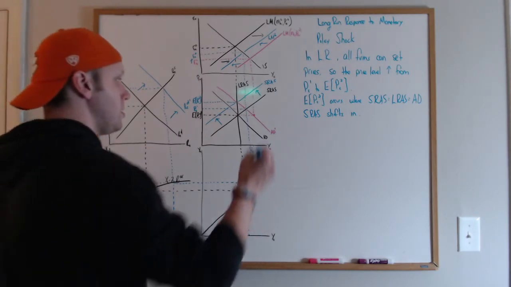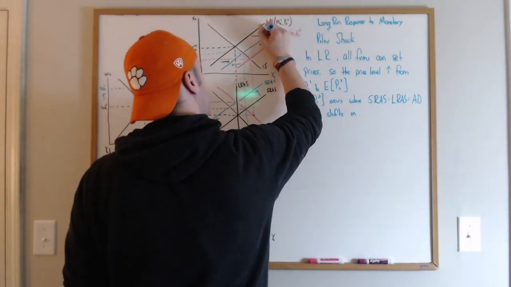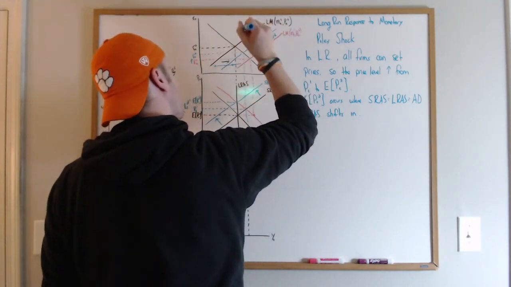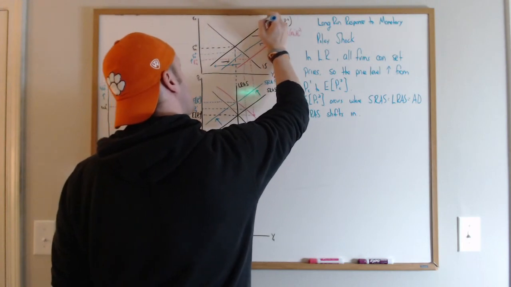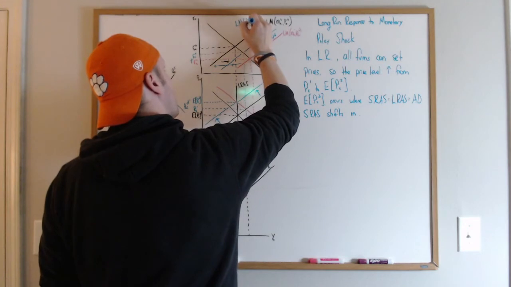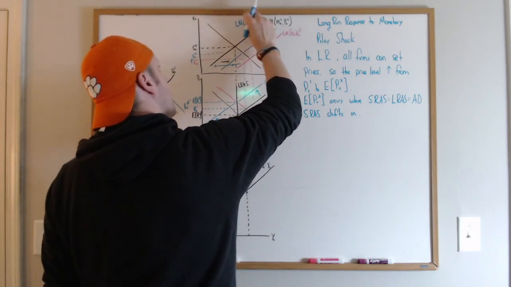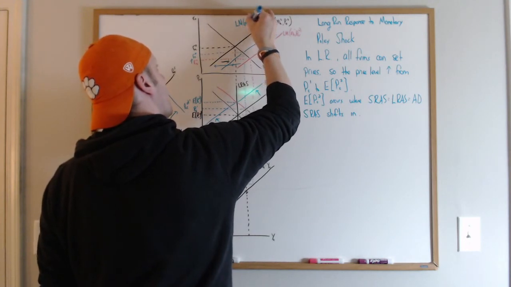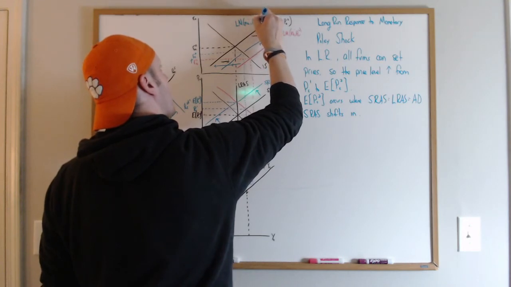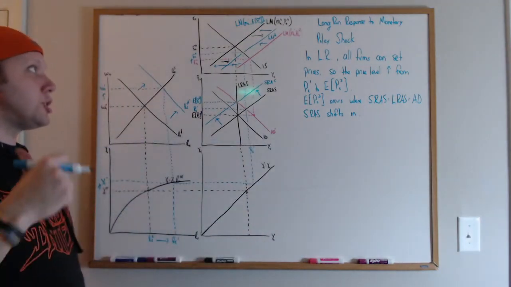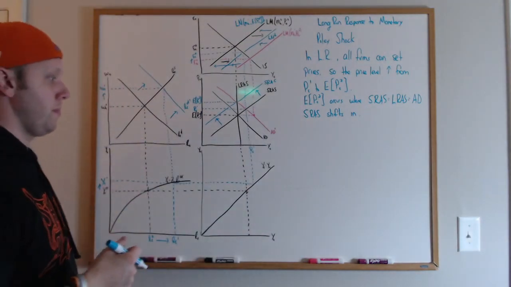Now when that also happens, because the price level now increases all the way back to where it was supposed to go under the real business cycle model, the LM curve shifts all the way back in, just like it did in the RBC model.